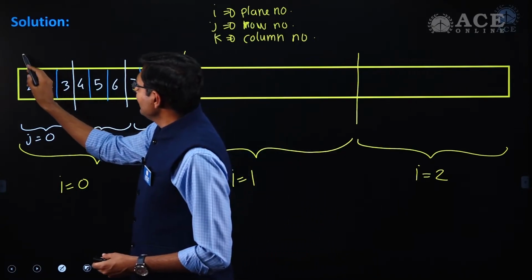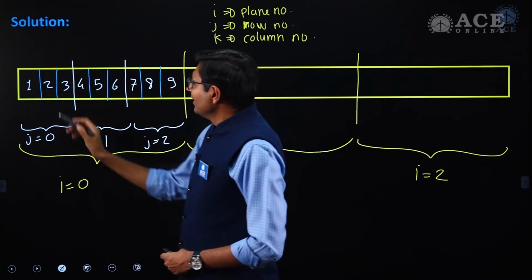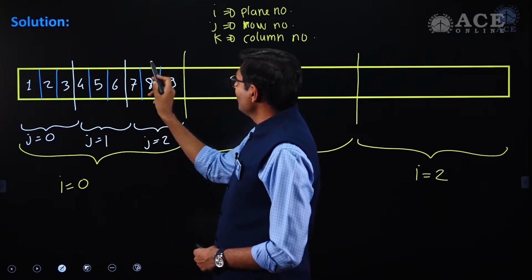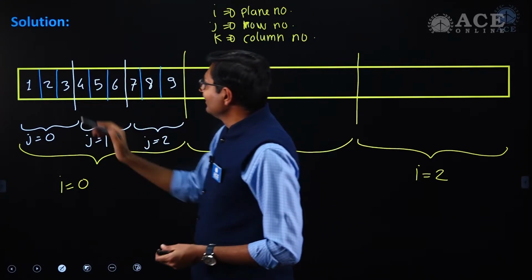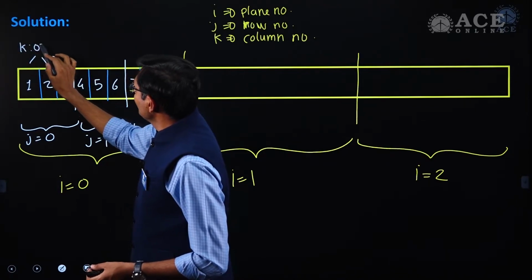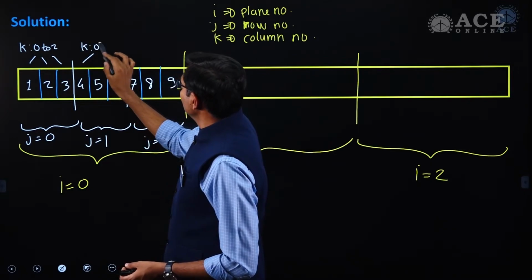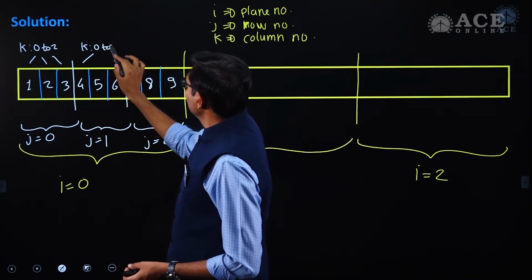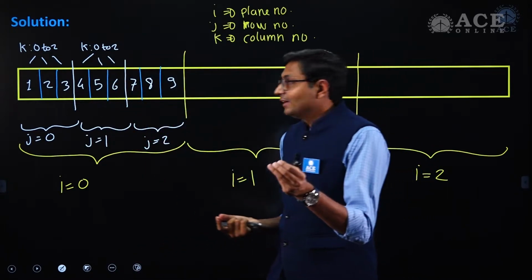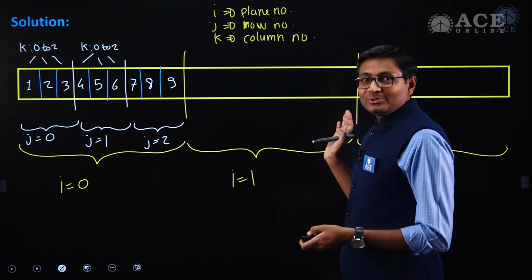And here it is k, i, j, k, isn't it? Here it is k 0, 1, 2, 0, 1, 2, 0, 1, 2. That represents k. k varies from 0 to 2. So in each row we have 3 elements. Likewise all the other planes also.